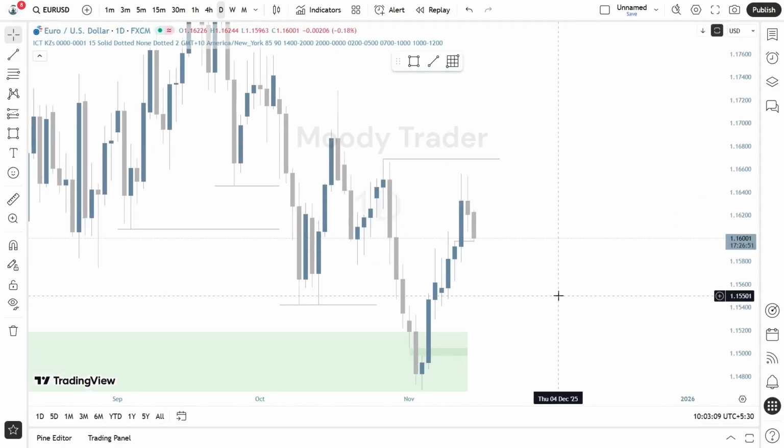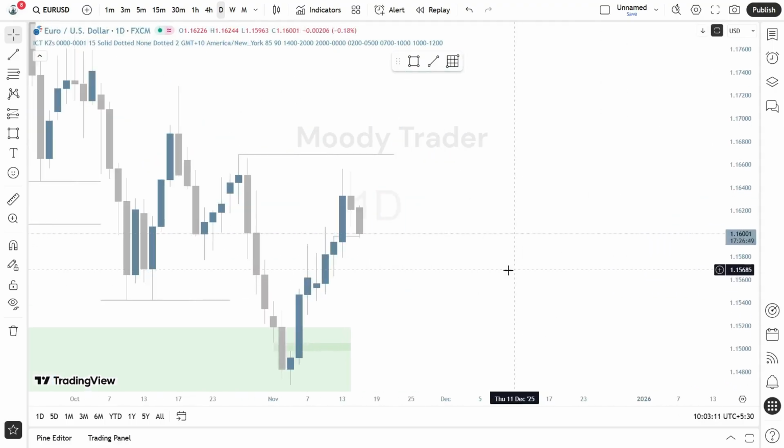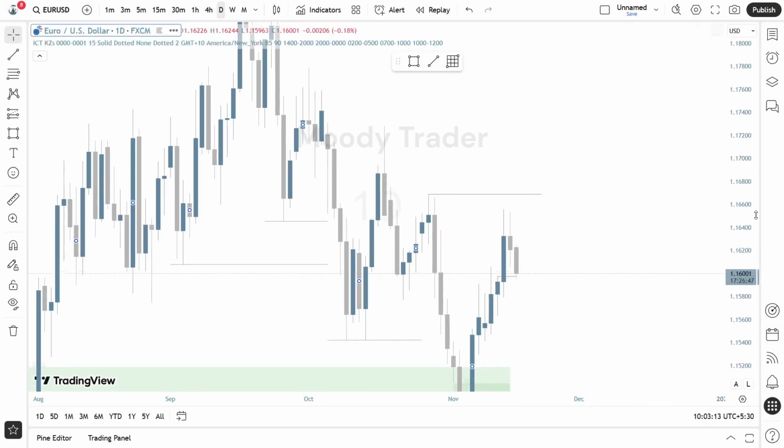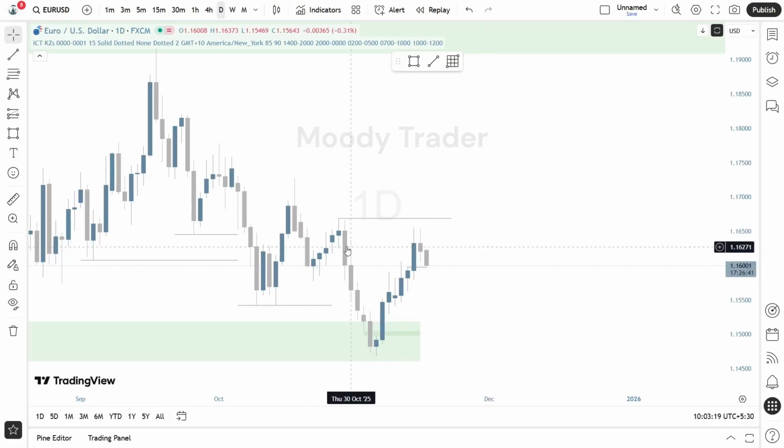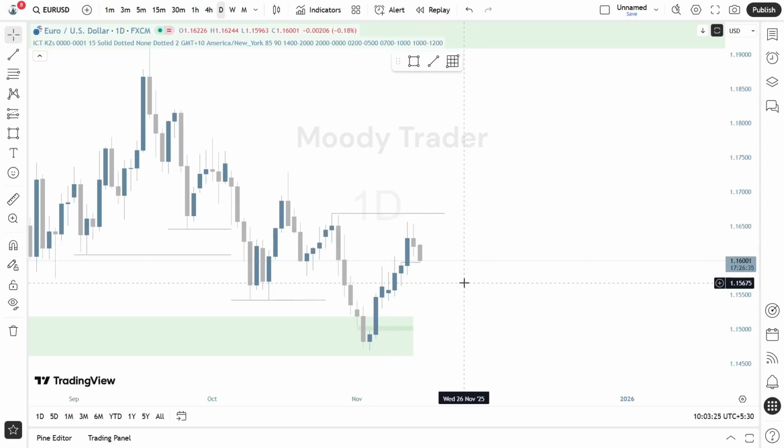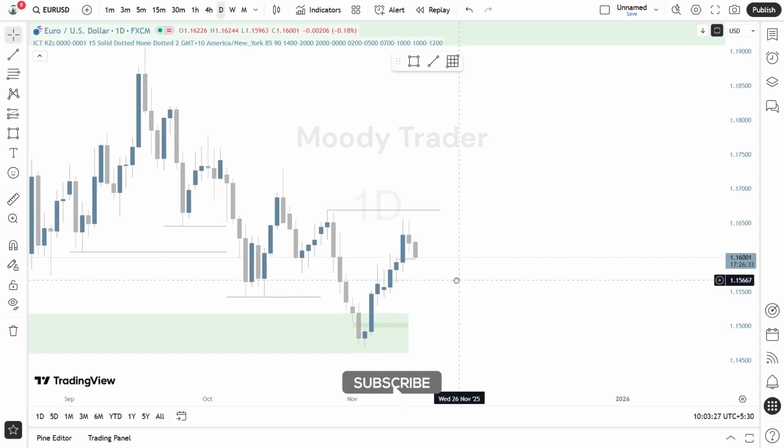So right now, this is the daily chart, and what we can see is that this was the last point from where the price could have confirmed that it is bullish right now. But we have moved into the downward side, which is still not a confirmation that we are bearish.